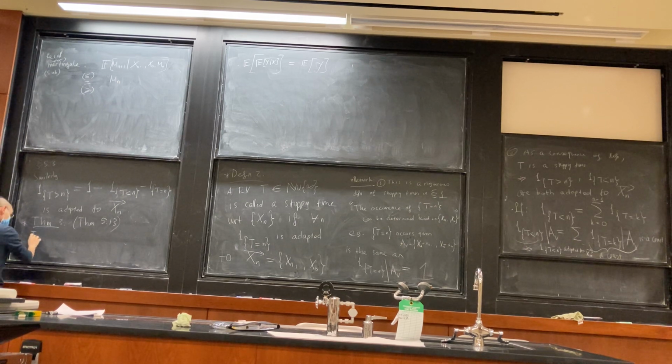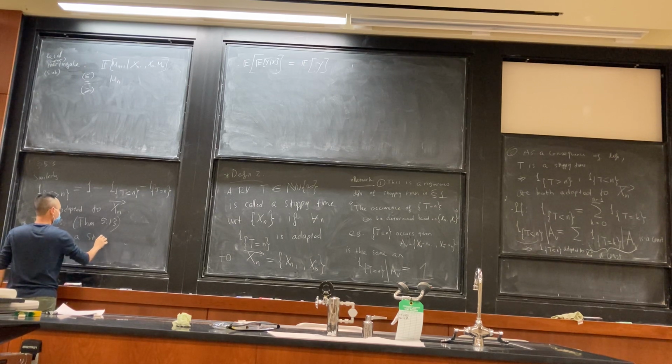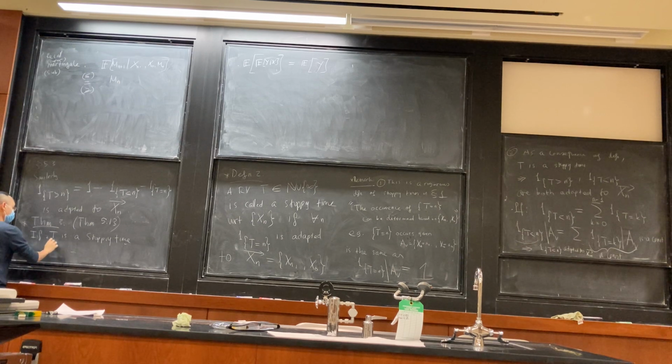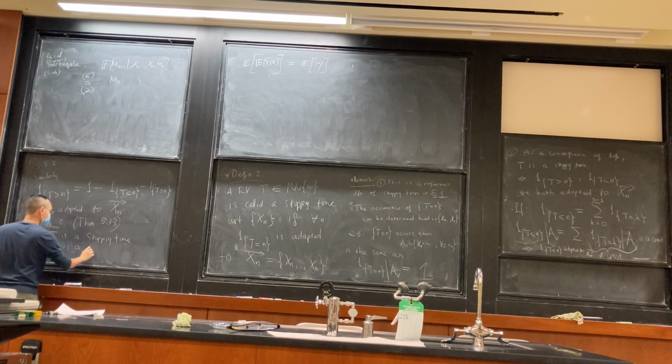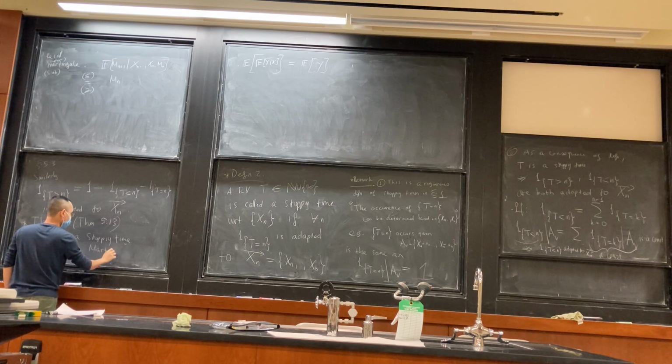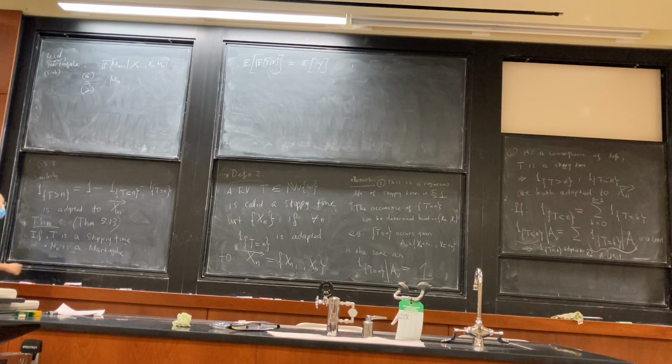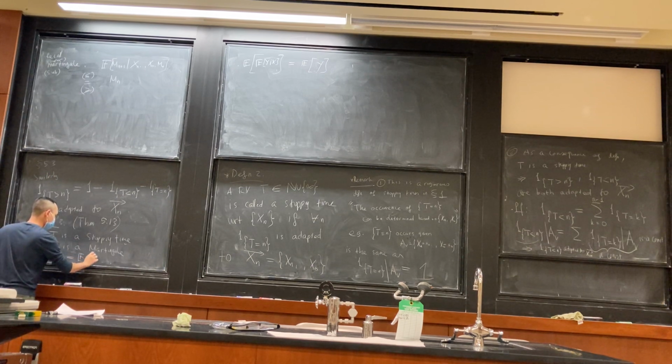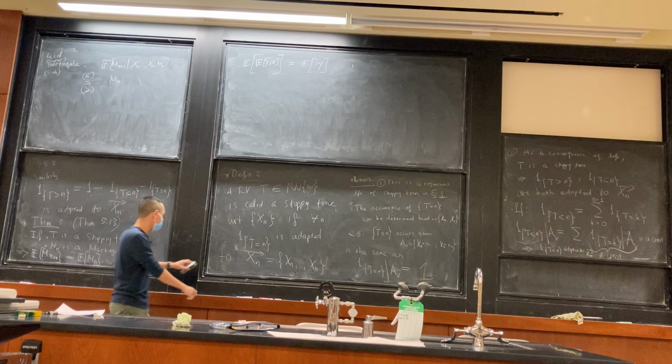So if T is a stopping time together with M_n is a martingale, the conclusion is that the expected value of M_{T∧n} is equal to the expected value of M_0. Recall the wedge notation is just the minimum.